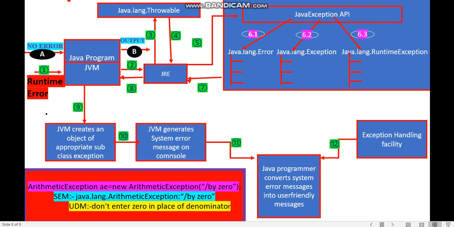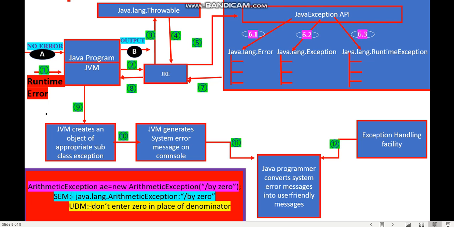But displaying system error messages is not recommended in the industry. So, in steps 11 and 12, as Java programmers, we convert system error messages into user-friendly error messages by making use of the exception handling facility.